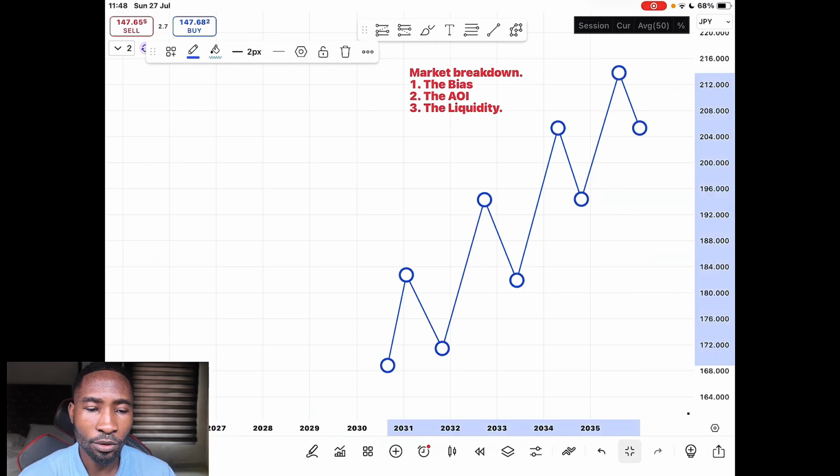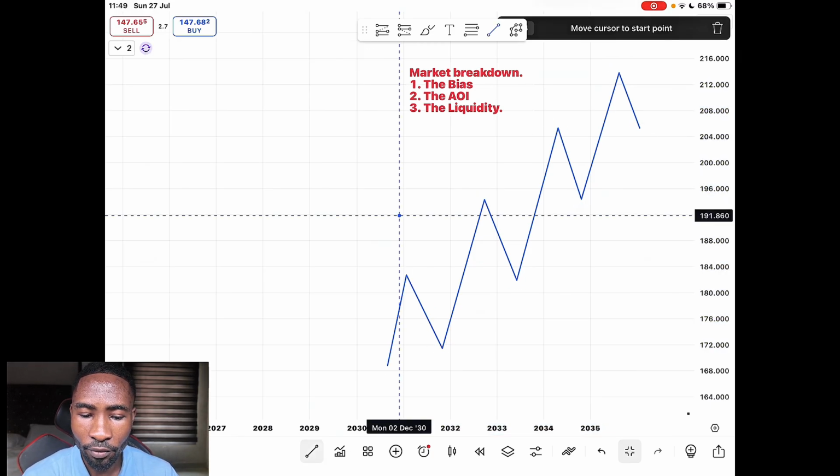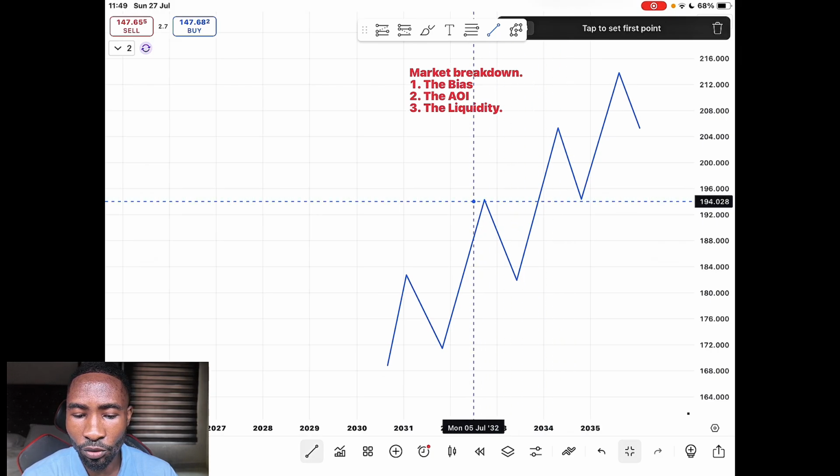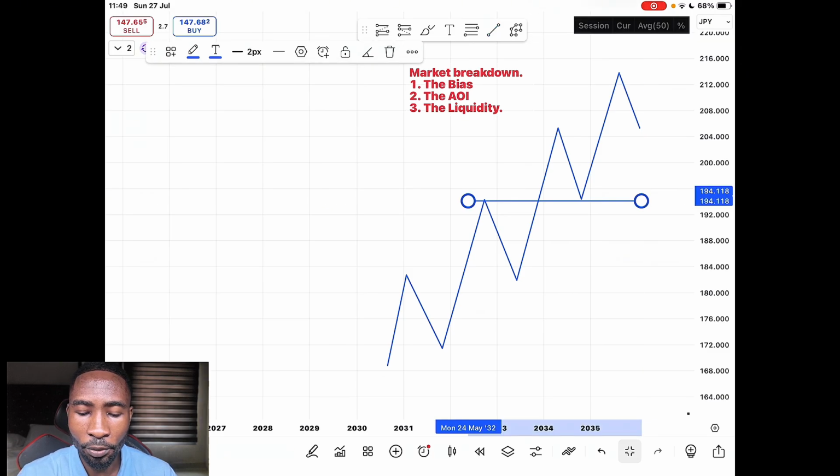On this area, this key zone happens to form what we call resistance turning support. This is the previous high, and we have a new high now, which turns into a new higher low.